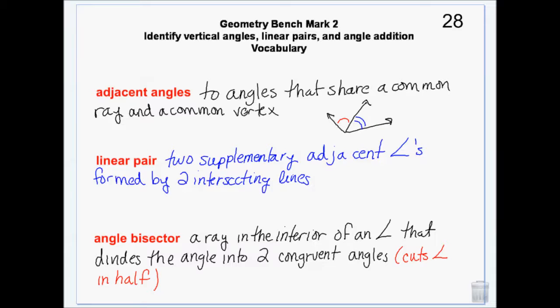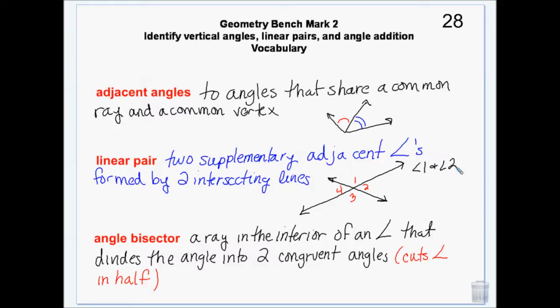Apparently I couldn't spell. Okay, linear pair is two supplementary adjacent angles formed by two intersecting lines. So when we intersect lines, we have vertical angles, but then we also have linear pairs. So if I labeled these angles 1, 2, 3, and 4, angle 1 and angle 2 form a linear pair, right?